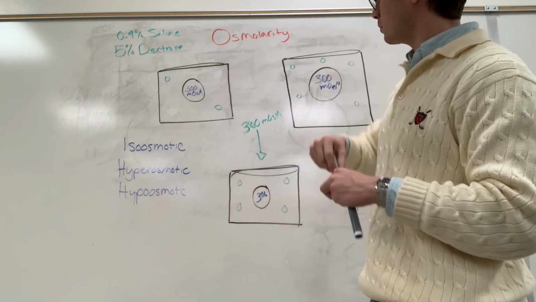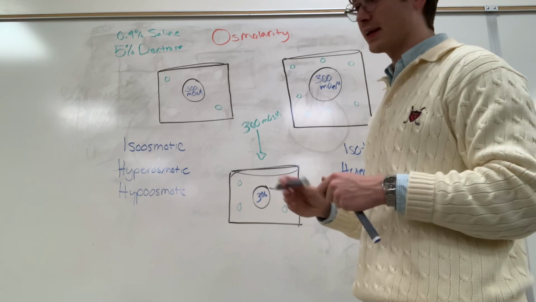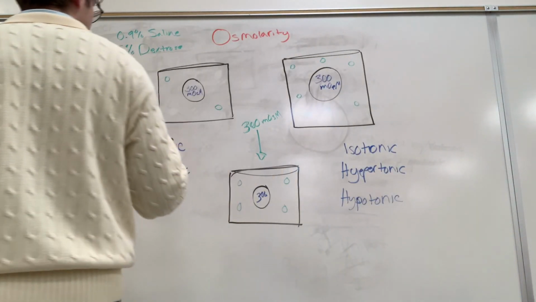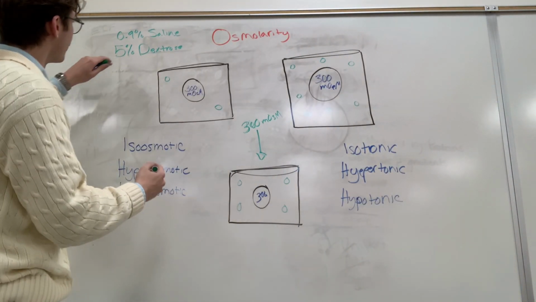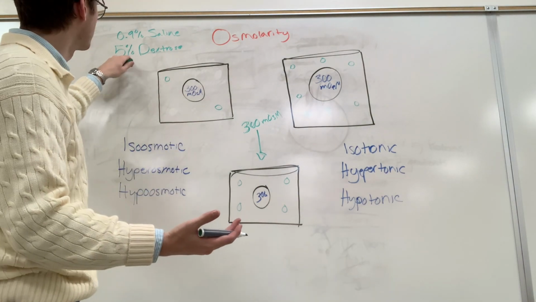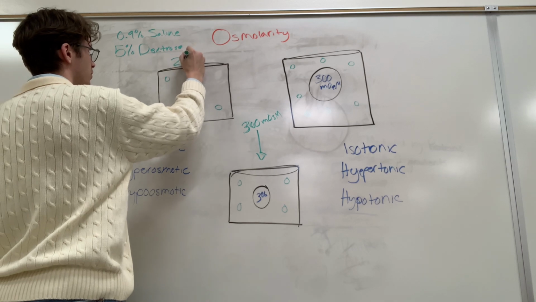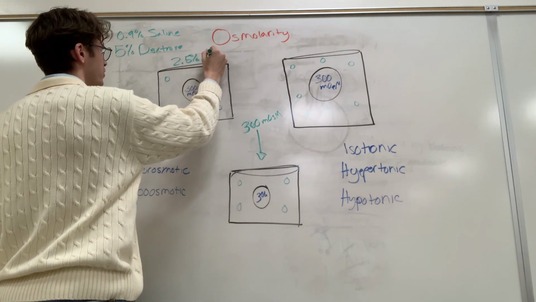But up here, I drew two particles to indicate half. So let's say instead of a 5% dextrose, which comes in at 300 milliosmolar, we're going to add a 2.5% dextrose solution.